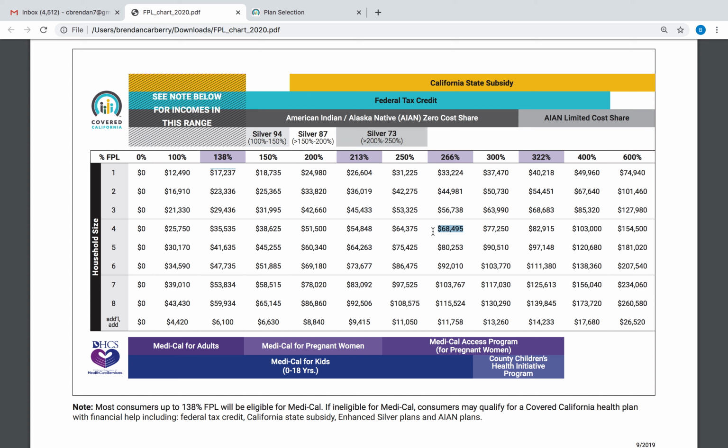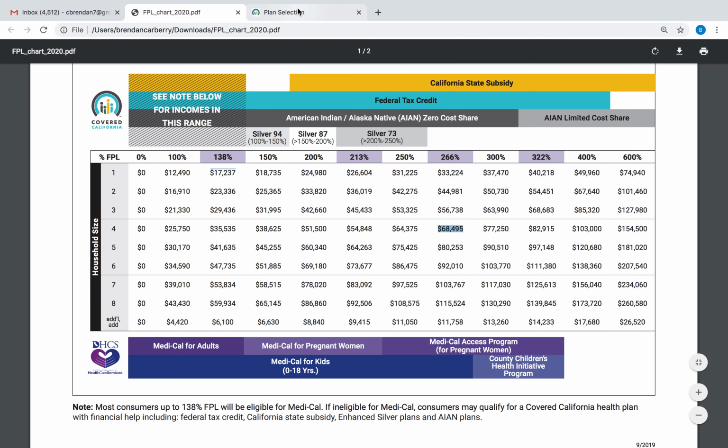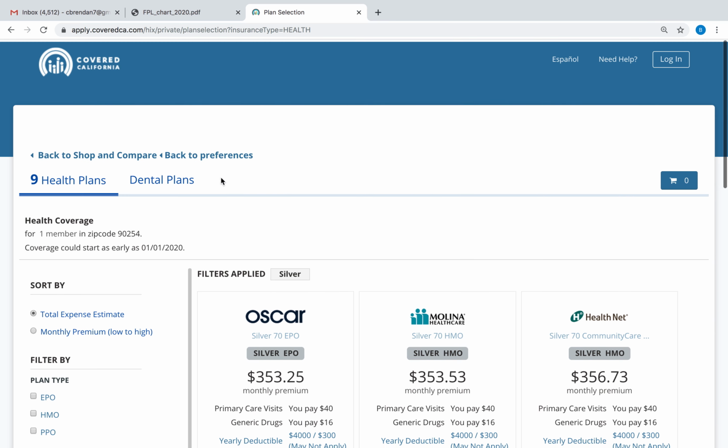For a family of 4, this blue line goes to here. So Medi-Cal for kids, once you cross this threshold right here, kids no longer get Medi-Cal. So a family of 4 at $68,495, if you go over this, your 2 dependents will get Covered California as well. Under that, the dependents will always get Medi-Cal, and let's use an example of that.